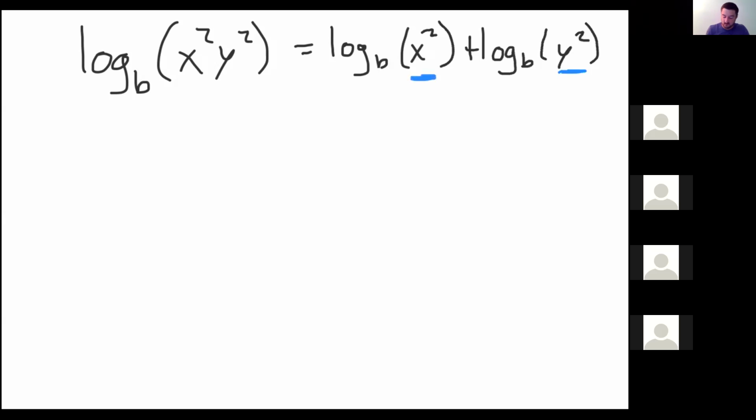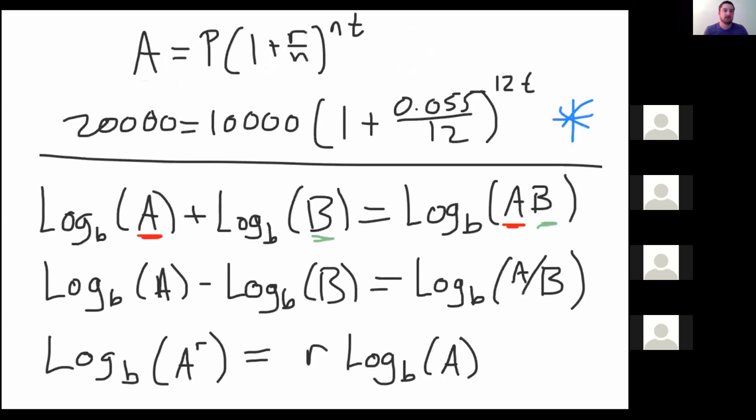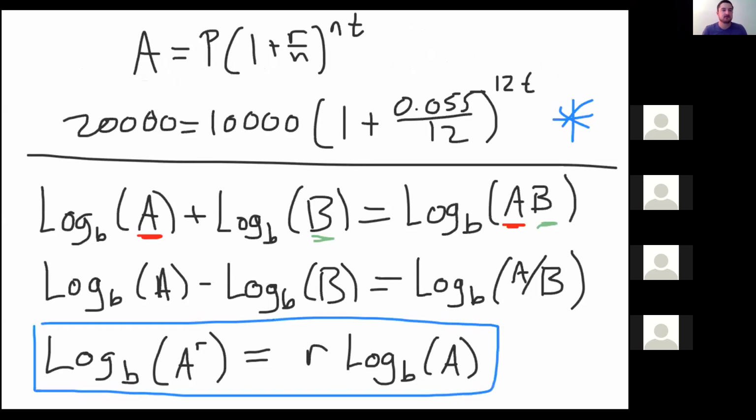So I go back and say, okay, then what is my property for logs that deals with exponents? Well, what's this last one right here? Again, that capital A is just representing a bucket of whatever is inside of this thing. So as long as I have everything to that same exponent, I can bring that exponent down in front of the log and multiply my exponents together.